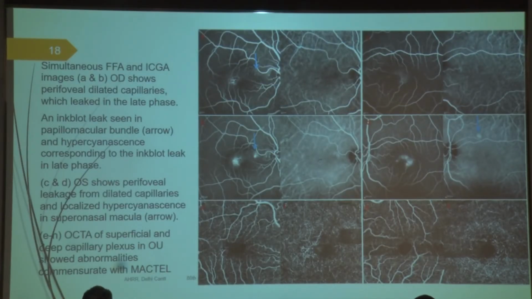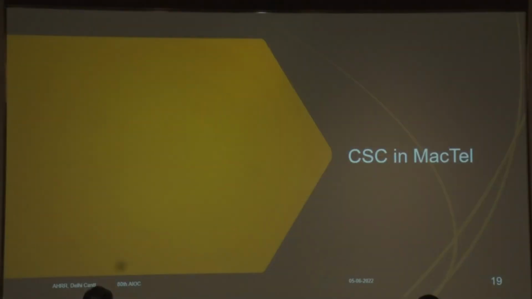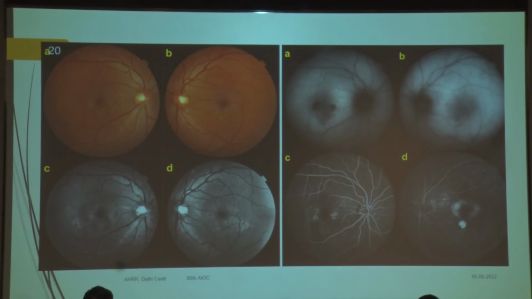Now this is the case where we have a central serous chorioretinopathy which is occurring in a pre-existing case of macular telangiectasia, as can be seen quite obviously right over the papillomacular bundle. Now this is another case of CSC with macular telangiectasia.